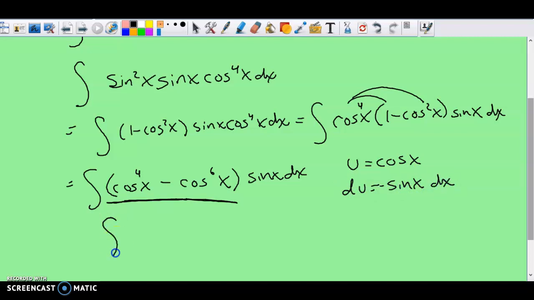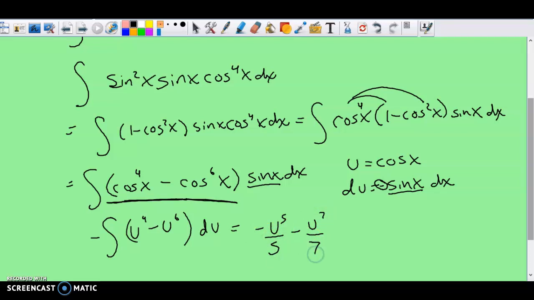So I'm going to rewrite this with u's. U to the 4th minus u to the 6th. And what is nice is that this sine canceled out with this sine, but I still have to account for this negative, so I'm just going to put that out front. And now we're just dealing with a basic power rule problem. So take care of that, plus c, and then you can substitute back in the u.